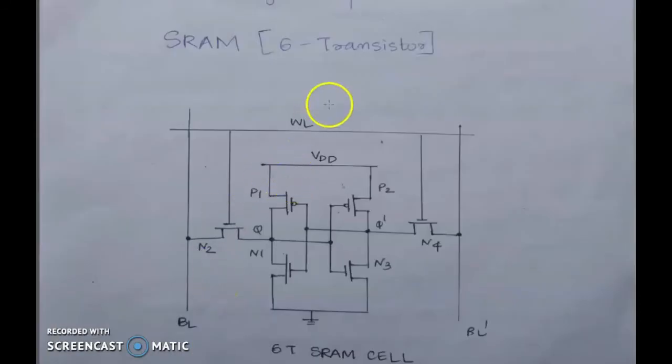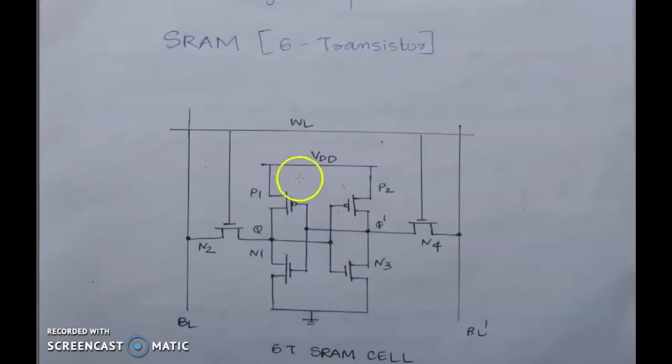Here you can see the 6 transistor SRAM cell. The inverter can be implemented using a CMOS inverter. So this is one CMOS inverter and this is another CMOS inverter. Here the output of this CMOS inverter is connected to the input of this CMOS inverter, and the output of this inverter is connected to the input of this inverter.